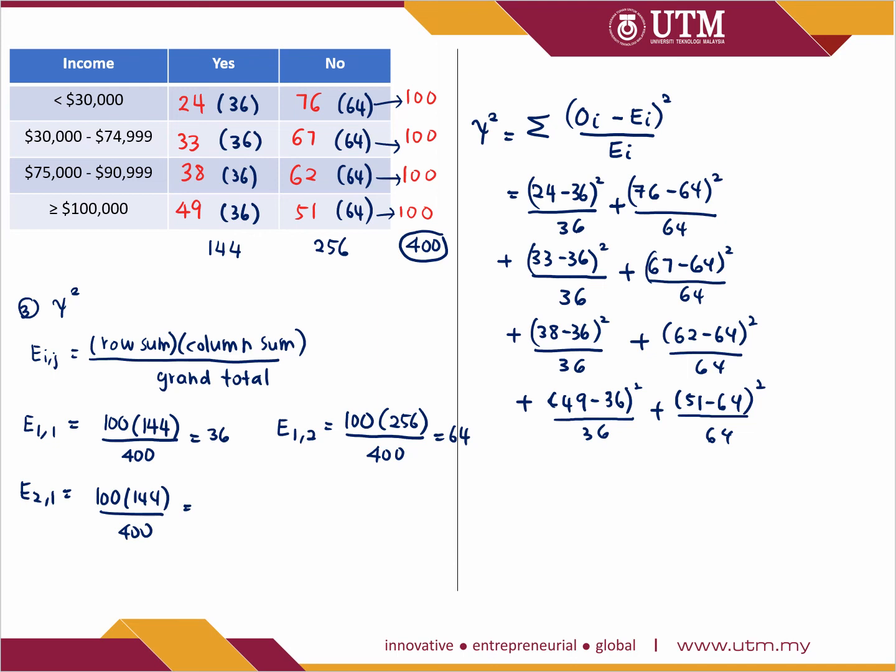So the total of this would be chi-square equals 14.14.